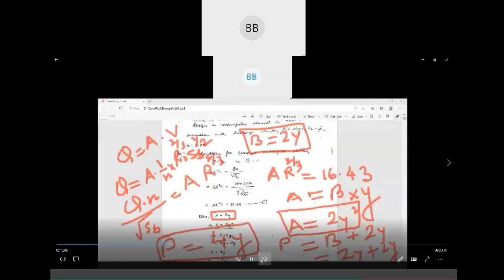So we have used the economic condition of a rectangular channel to solve this numerical.